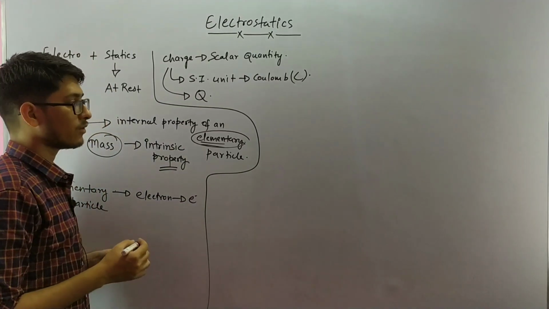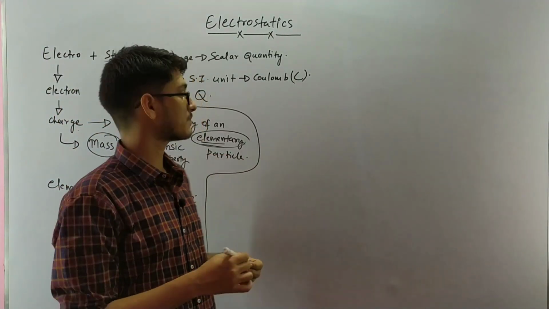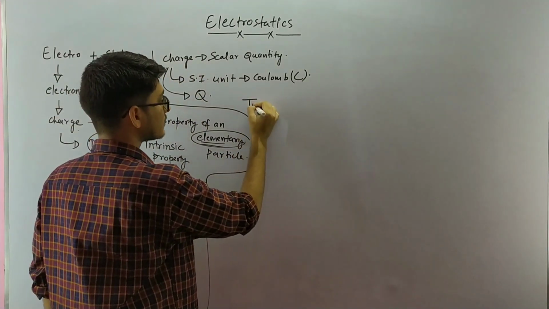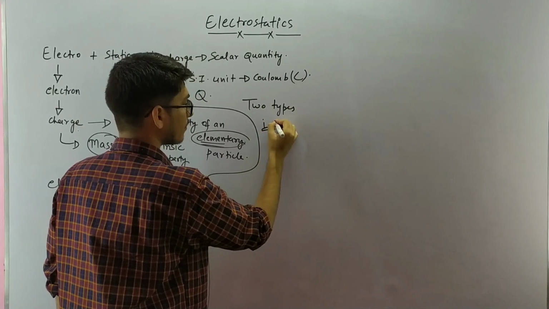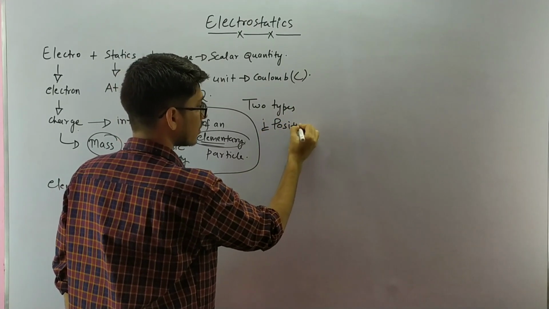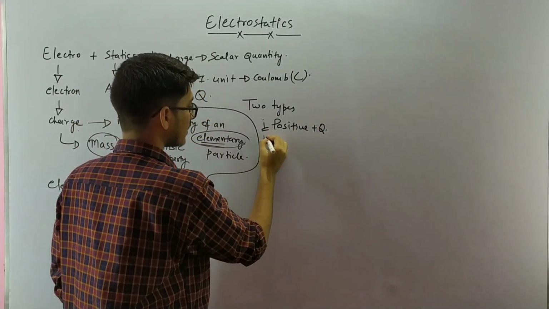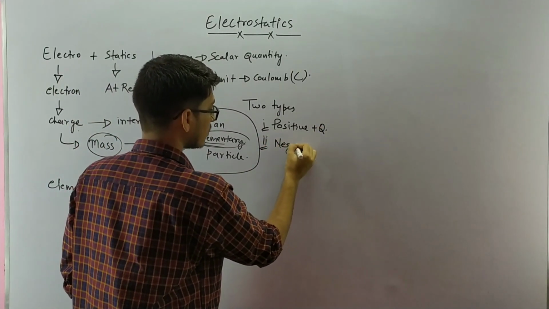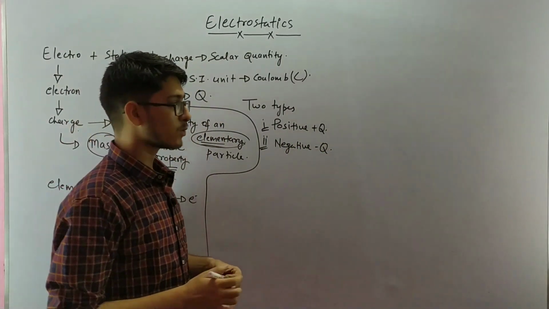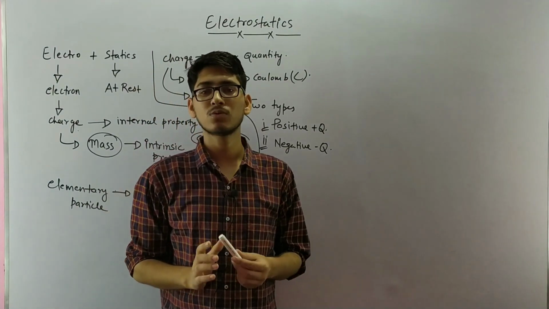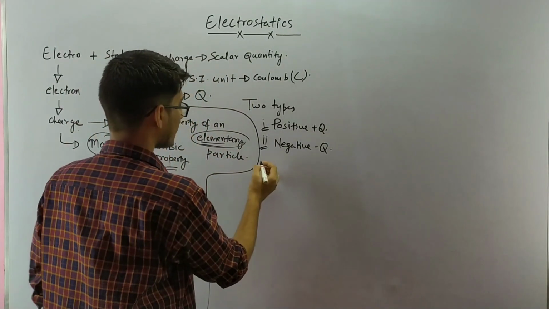Now we will state how many types of charges we encounter in physics. There are 2 types of charges. The first one is positive charge, which we denote as plus Q. The second one is negative charge, which we denote by minus Q. These are the 2 types of charges we mostly encounter in electrostatics.